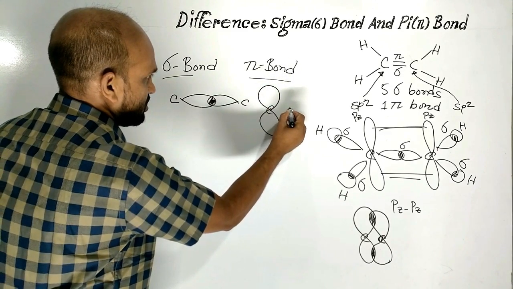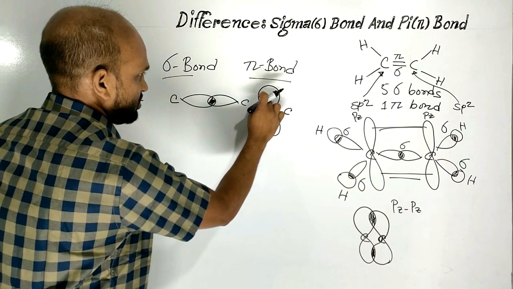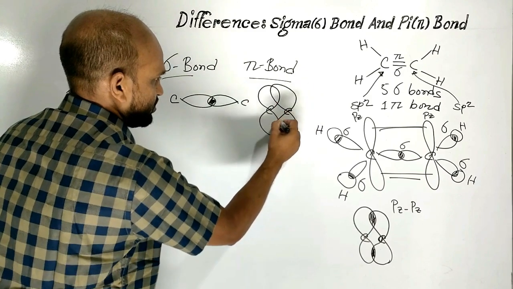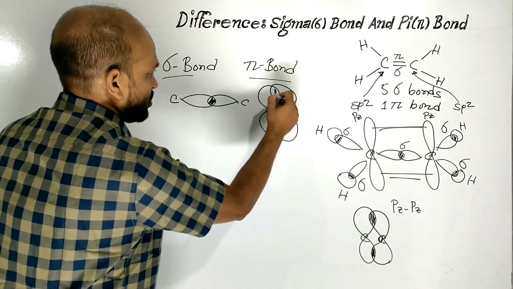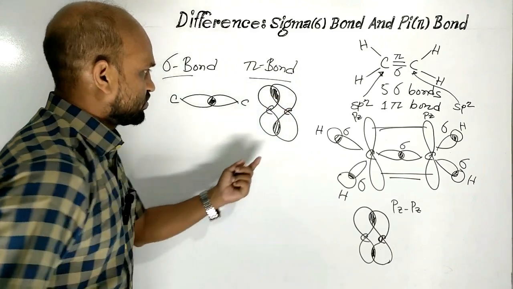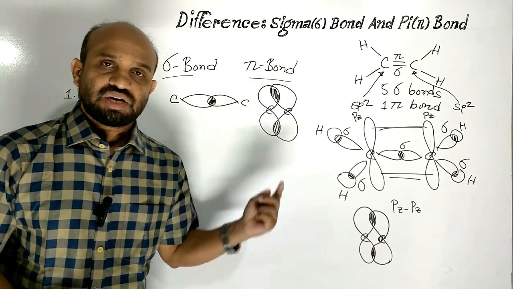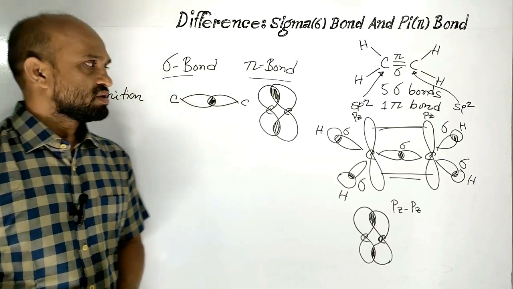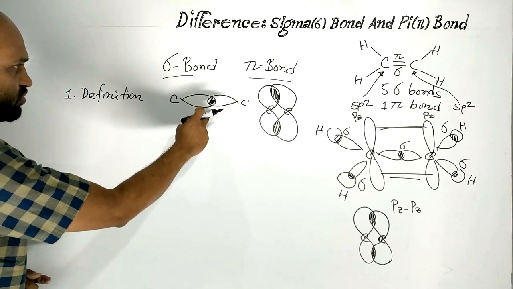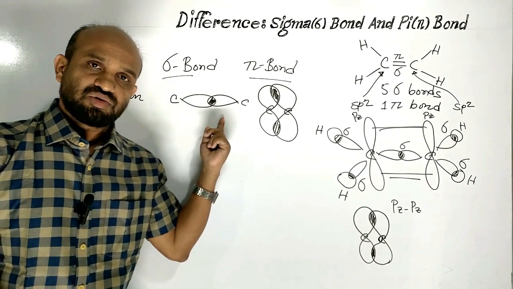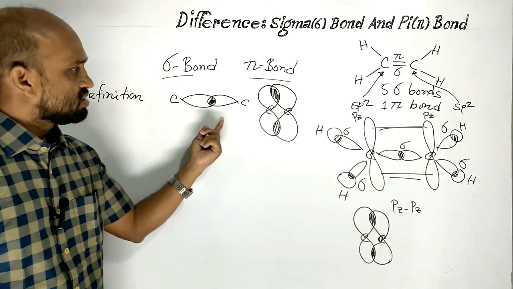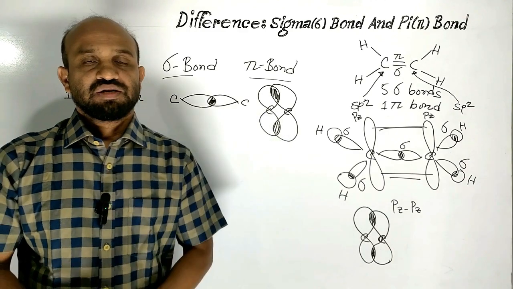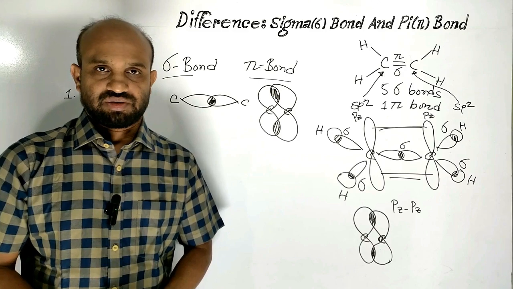Carbon atom, unhybridized orbital, carbon atom, unhybridized orbital. So this is a kind of pi bond which is formed by sidewise overlap of orbitals. So the definition is: sigma bond is formed by head-to-head overlap of orbitals. On the other hand, pi bond is formed by sidewise overlap of orbitals.